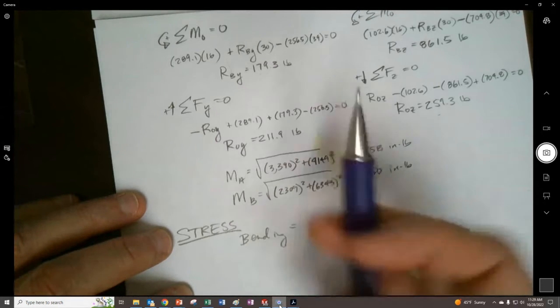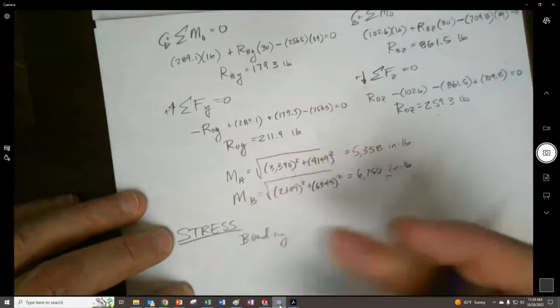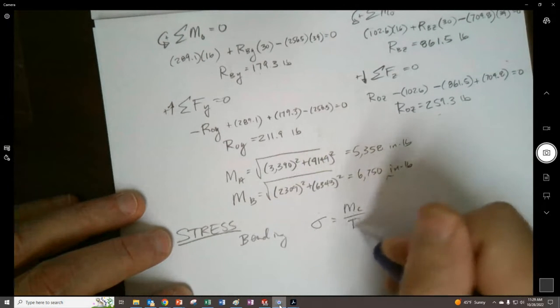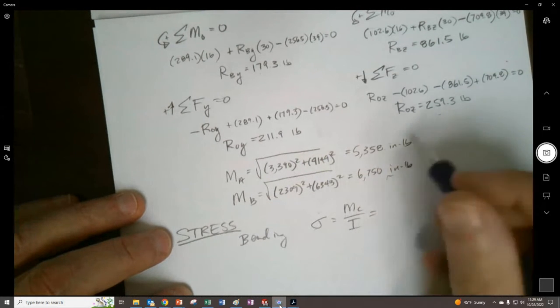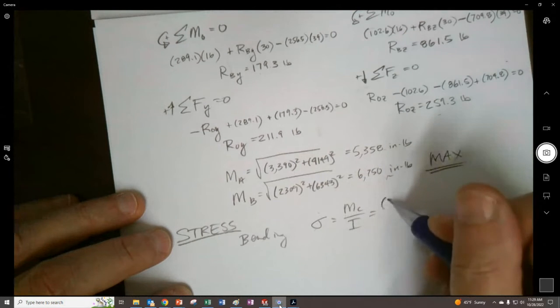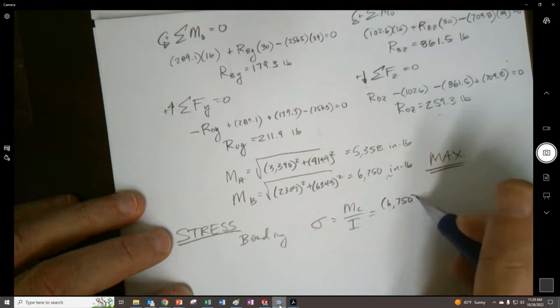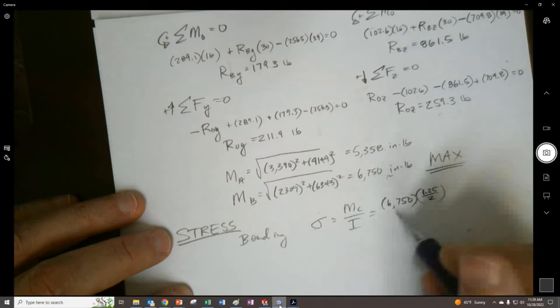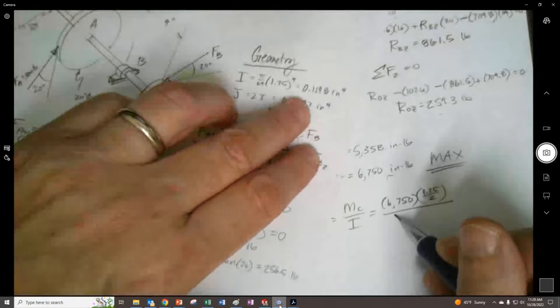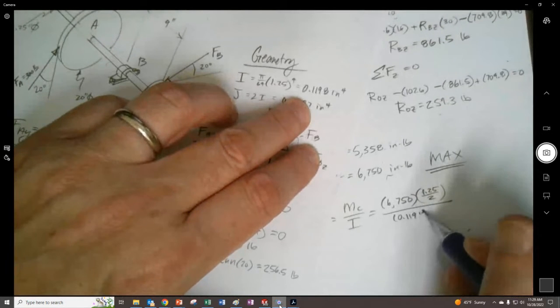It's going to be MC over I. Because this one's the max, we're going to use the max, 6,750. The diameter of the shaft is 1.25, so divide that by 2. And we found the moment of inertia a while back of 0.1198.